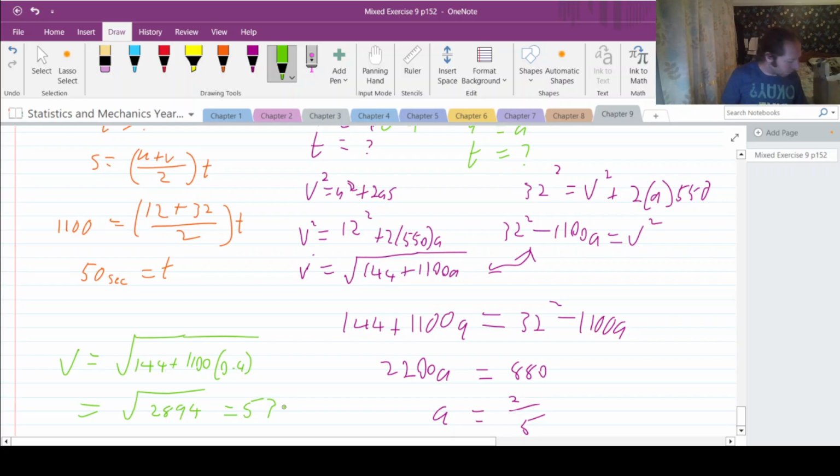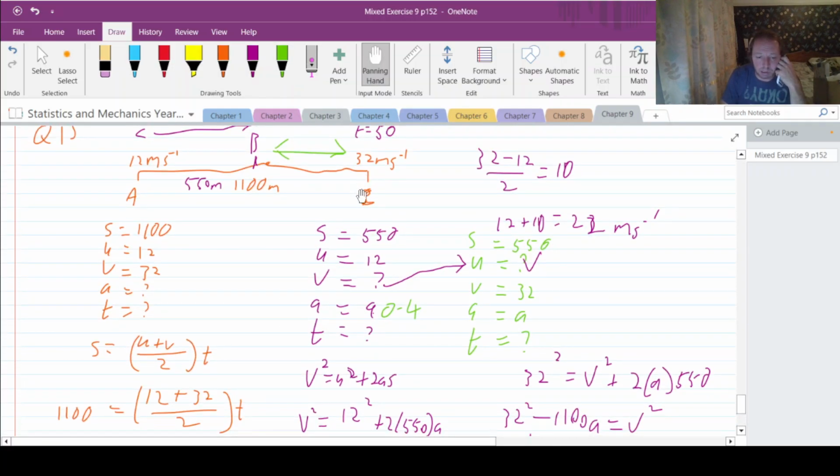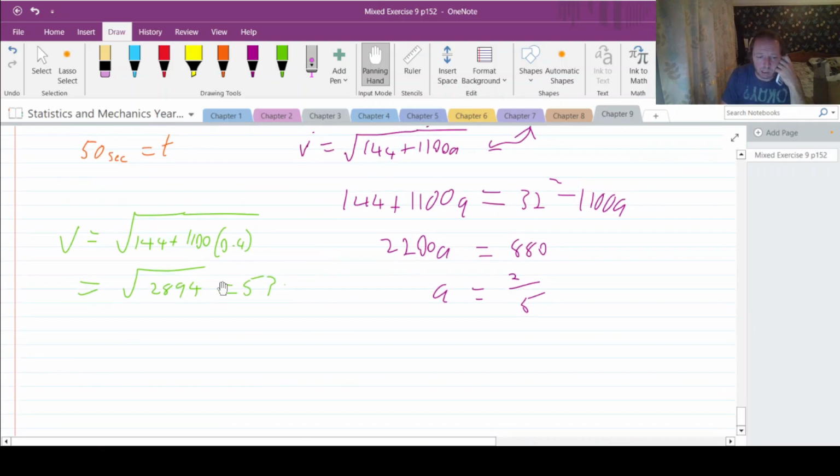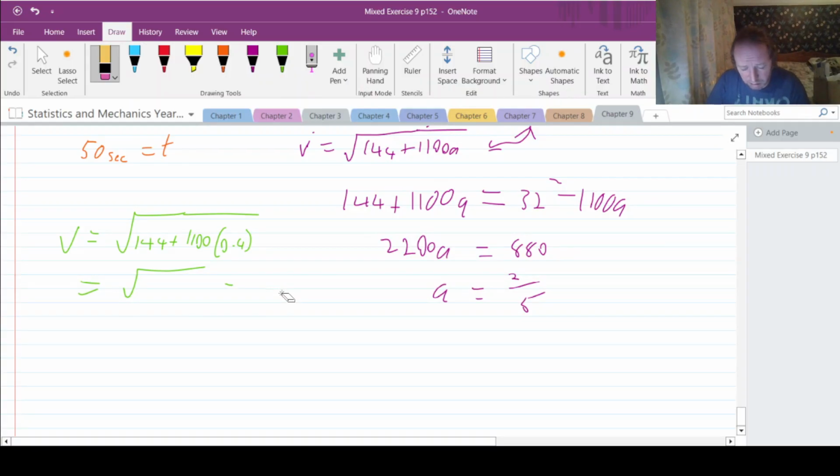Okay, not sure I wanted that at all. Check it. So always good when you end up with a speed of 53, which is quicker than the final speed we even got to of 32. I'm wondering what went on. That doesn't make any sense at all. I think I mispressed the calculator as I went through.